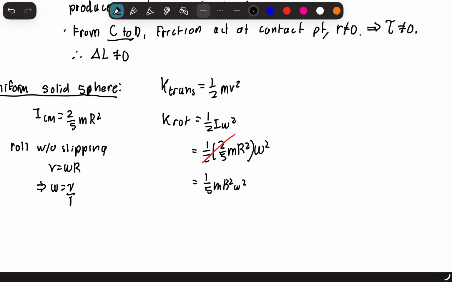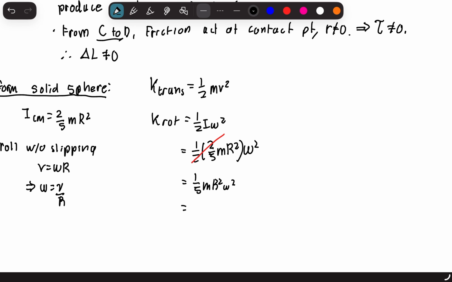Omega is equal to the velocity divided by the radius. Subbing that in here, we're going to have 1/5 mr squared times v squared over r squared, because we just have to square this term.